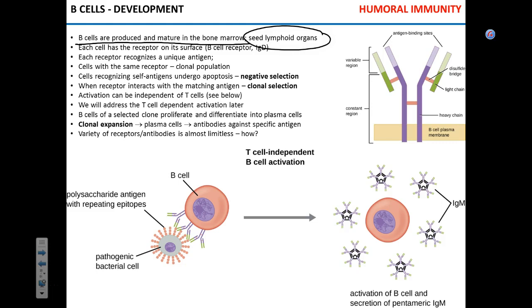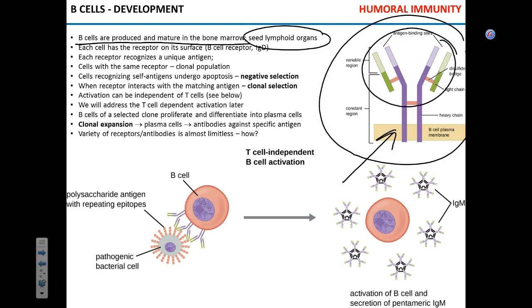Each B cell on its surface, in its membrane, has a specific kind of B cell receptor. If all folks in this class would represent a B cell, each person is a B cell, each person will have their own kind of B cell receptor.